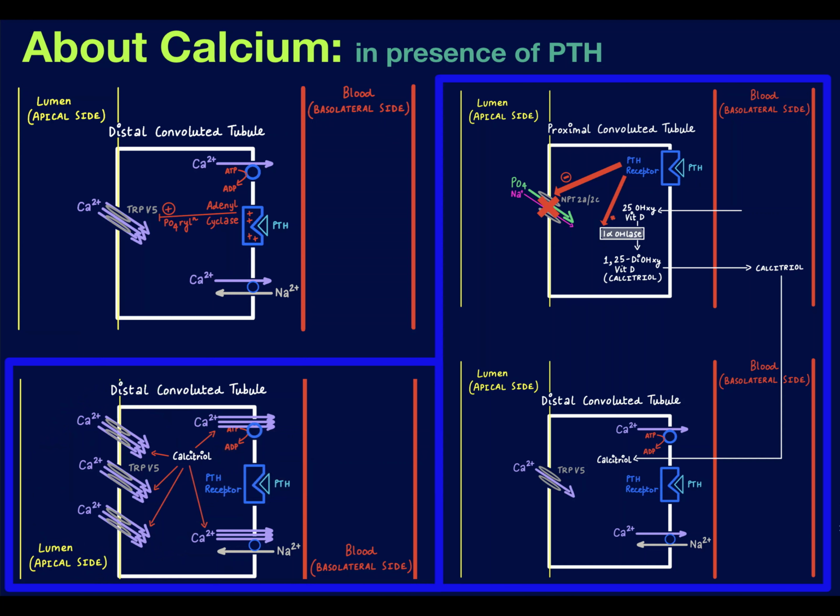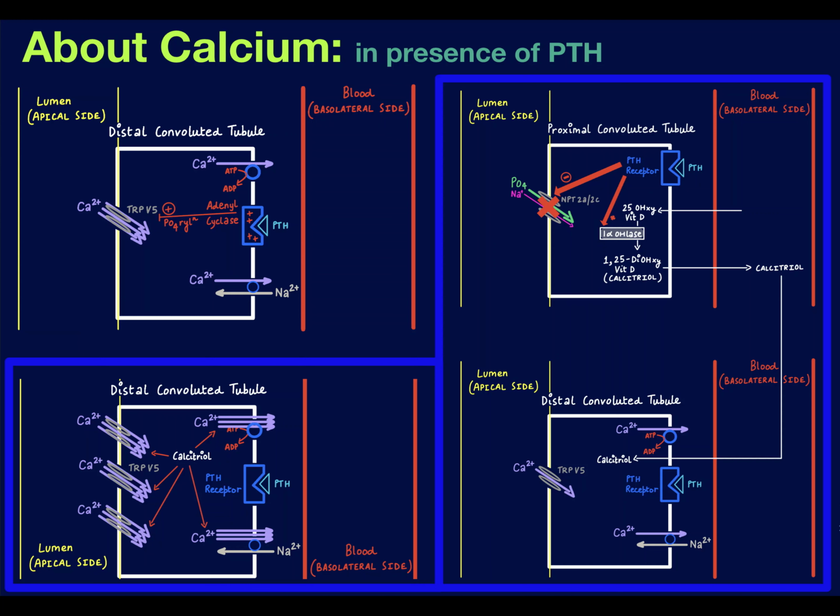We have already seen the effects of calcitriol on DCT. These effects are mediated via the TRPV5 and TRPV6 transporters. Same two mechanisms operate here too. That is, stabilization of the open state of the TRPV5 and TRPV6 transporters, and increased synthesis of TRPV5 and TRPV6 transporters, leading to increased expression of these transporters on the luminal side.